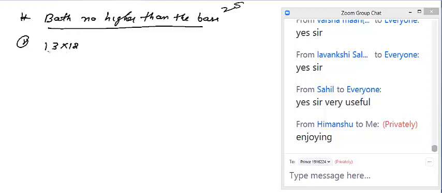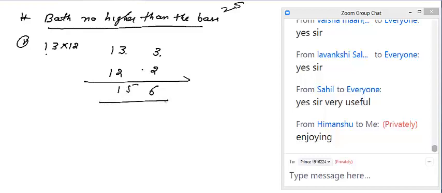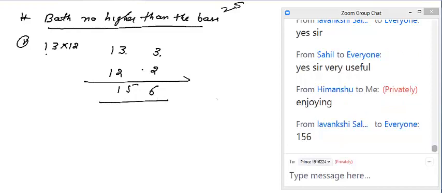Now its base is 10, base of 13 is 10, base of 12 is 10, both numbers higher than the base. The method will be same. Only difference is when you write these two numbers, you will get positive deviation. Deviation is 3, deviation is 2, no problem, result will be same. 3 into 2, 6. So 13 plus 2, otherwise you are subtracting because here was the minus. Now 13 plus 2, 15. Answer is 156. Understand or not?